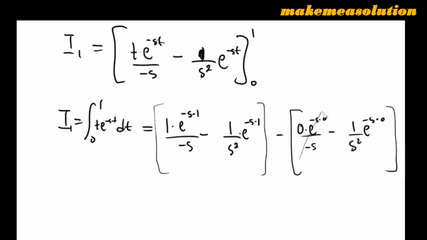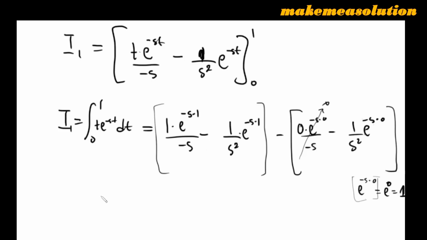Remember, this term is cancelling out to 0 because you have 0 times something. Then this term will become 1. Exponential minus s times 0 is exponential 0, which eventually becomes 1. So anytime you encounter something like this, just know that it evaluates to 1, unity.